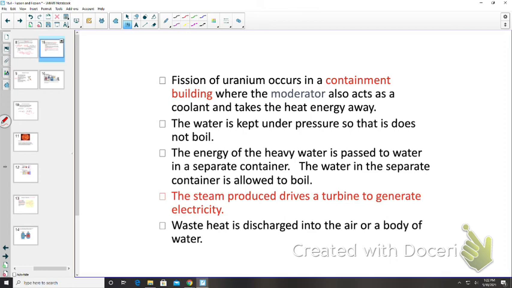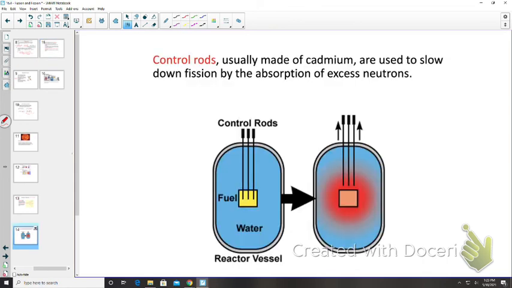And the energy of the heavy water is then passed to water in a separate container. So if we jump back to this slide here. If you're going to have your water in here, containing the heavy water of deuterium, this is under high pressure.